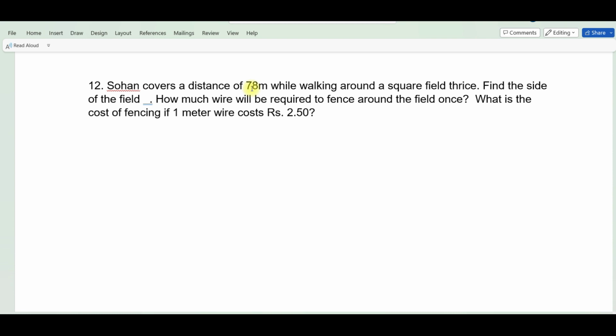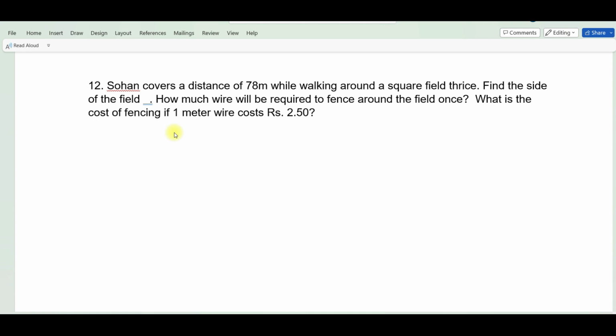After finding the side of the square, you will have to check how much wire will be required to fence around the field once. Then we have to find the cost of fencing.